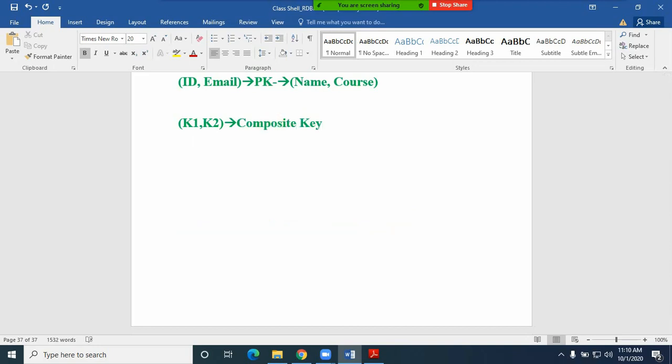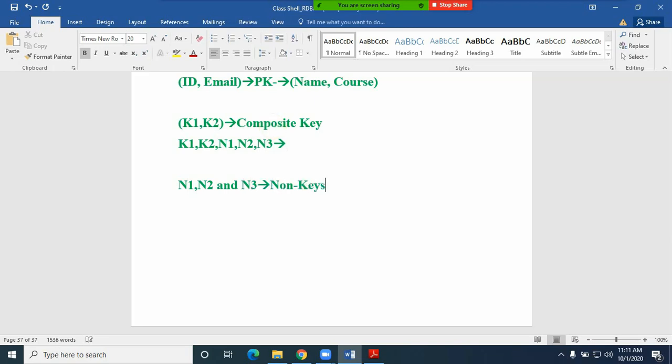Now what we are doing is we are having some table like this: K1, K2, N1, N2, N3. K1, K2 is already mentioned. N1, N2 and N3 belong to the non-keys.